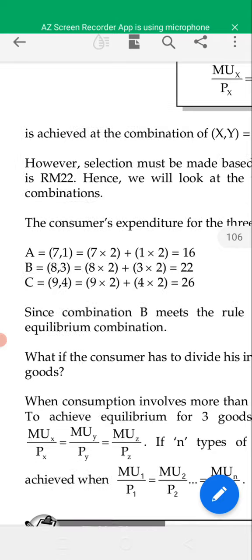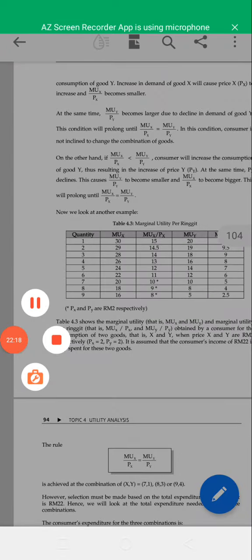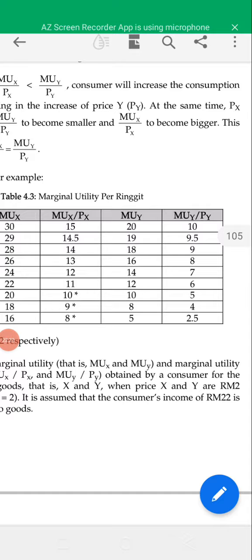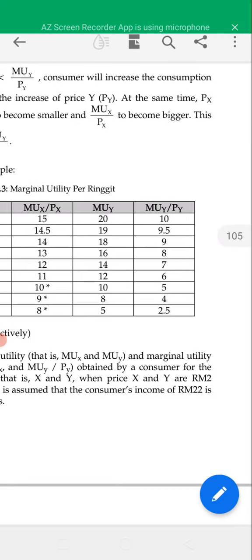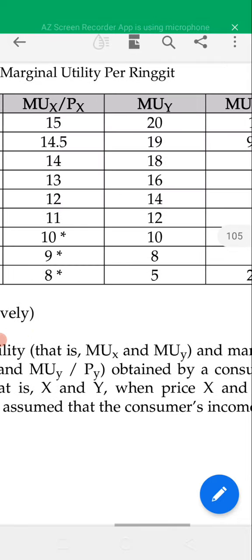So remember, the first thing you need to do is go to the table and look for numbers that appear on both the MUX over PX and MUY over PY. Those numbers don't necessarily have to be in the same row, but they only need to appear on both sides, on the MUX over PX as well as the MUY over PY. So you pick those numbers. Here we pick the numbers where there are stars.